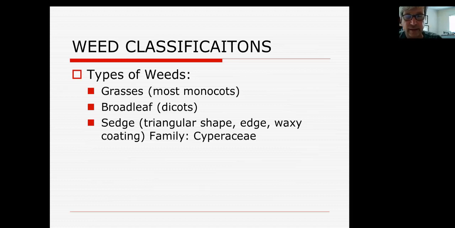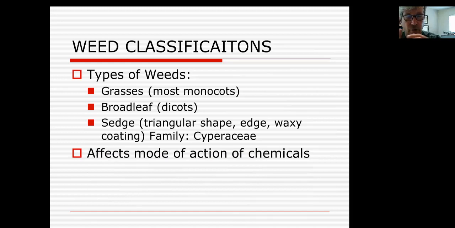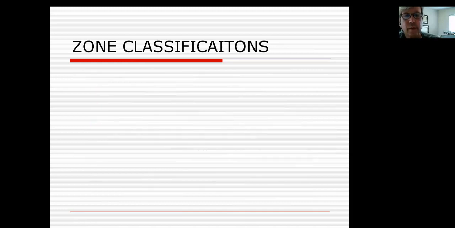And then again, that sedge is a subcategory. It's all about that chemical mode of action. So with weeds, and we classify our weeds, that's what we usually are throwing them in, those categories. Within broadleaf, you may hear someone talk about an herbaceous, which means a soft stem versus a woody stem weed, but that's probably going to be affecting your broadleaves.